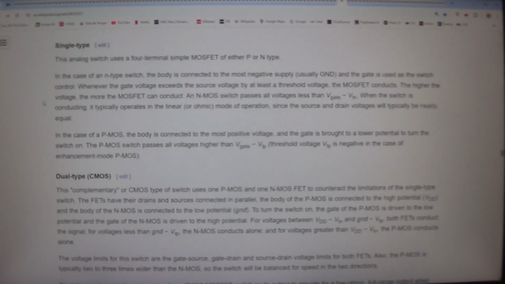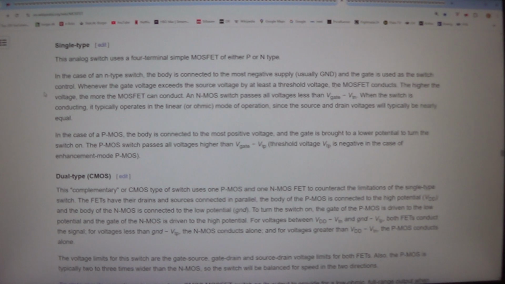Single type, edit. This analog switch uses a 4-terminal simple MOSFET of either P or N type. In the case of an N-type switch, the body is connected to the most negative supply, usually GND, and the gate is used as the switch control. Whenever the gate voltage exceeds the source voltage by at least a threshold voltage, the MOSFET conducts.